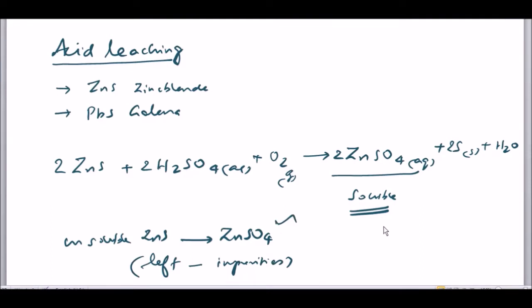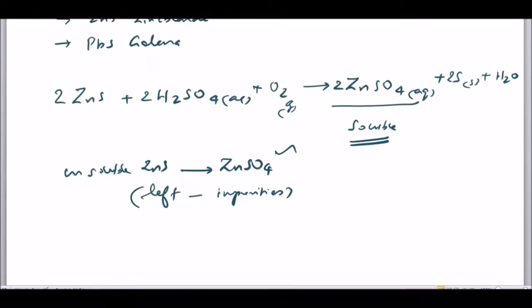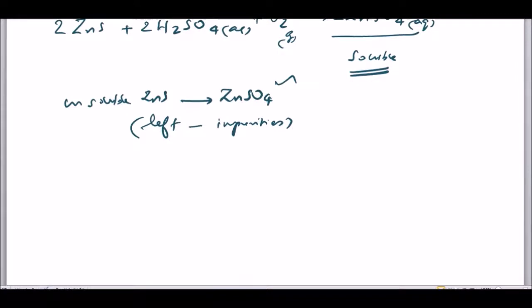Only ZnSO4 is dissolved in acid, and hence it is called the acid leaching procedure. So in all these leaching methods, we can recover the metal from the impurities. And after this, we are going to learn about the magnetic separation process. What is called the magnetic separation process?